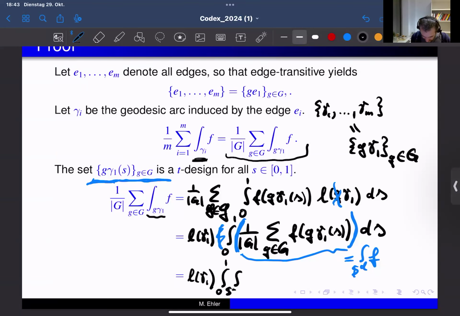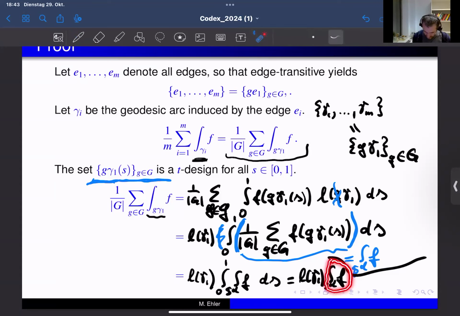It's just the integral over the sphere S^d of f, ds. There's no s anymore. This is just a constant. So integration from 0 to 1 of a constant is this constant. So it's L of gamma 1 times the integral over S^d of f. So I have the integration of f over the entire sphere.